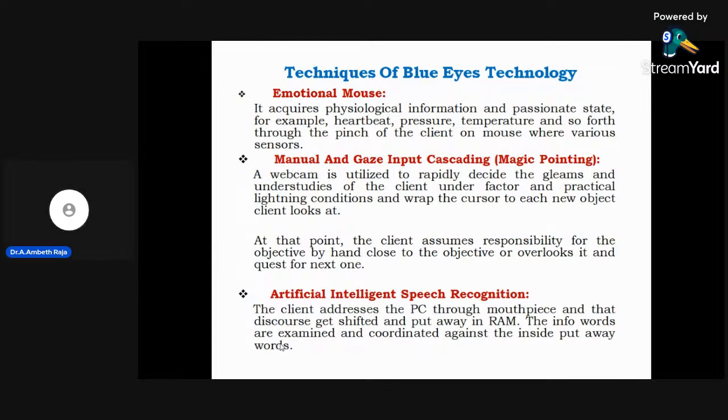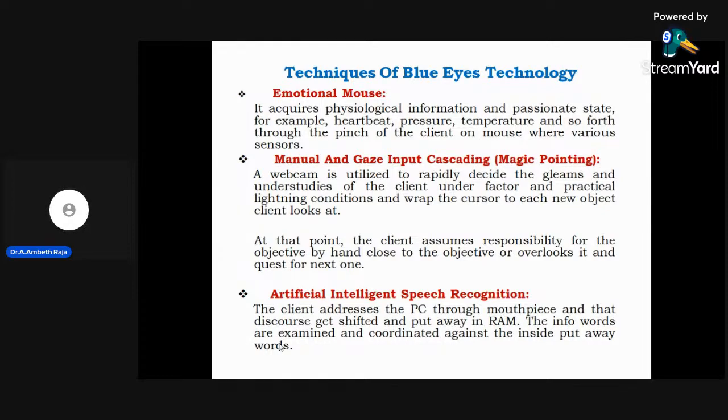Manual and gaze input cascading, that is MAGIC pointing. A webcam is utilized to rapidly determine the pupils of the user under variable and realistic lighting conditions and warp the cursor to each new object the user looks at. At this point, the user takes control of the target by hand close to the target, or ignores it and looks at the next one.